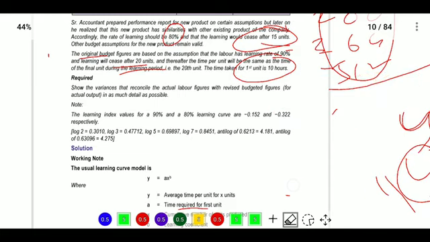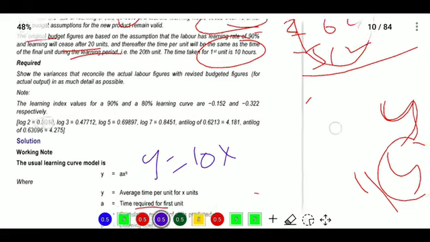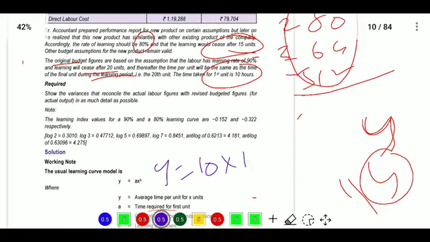We will calculate here clearly. So y is equal to how much time you require, 10 into 15, and for an 80% learning curve efficiency, minus 0.322. We are taking this why?